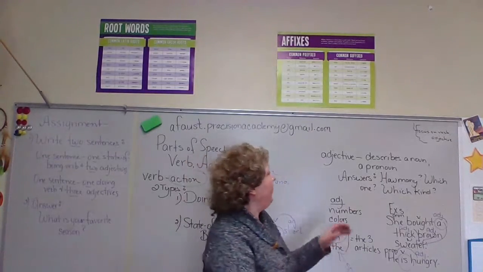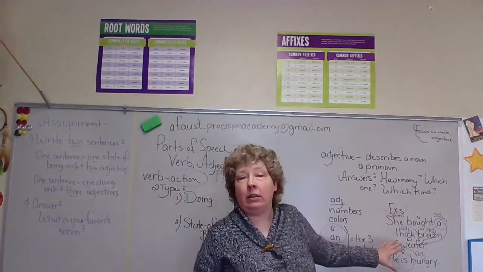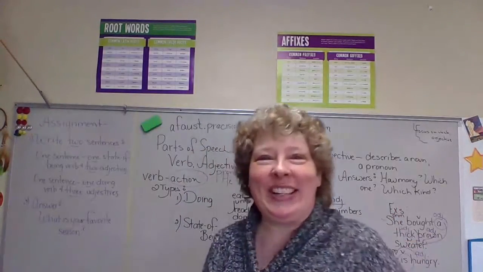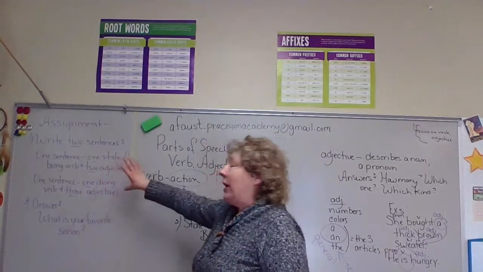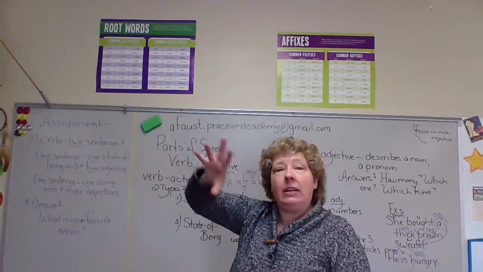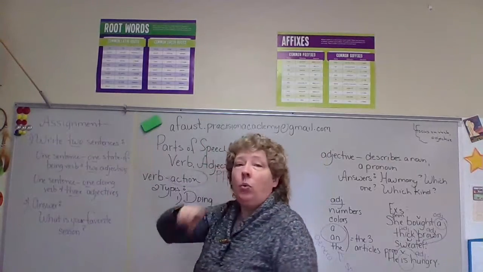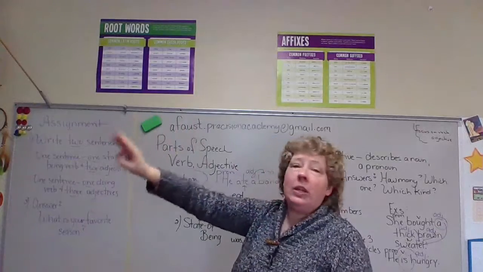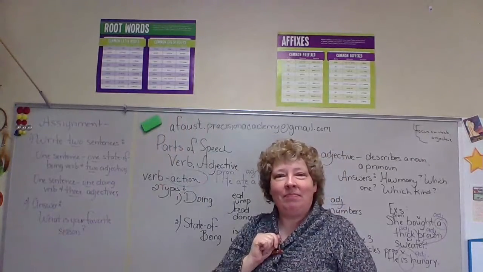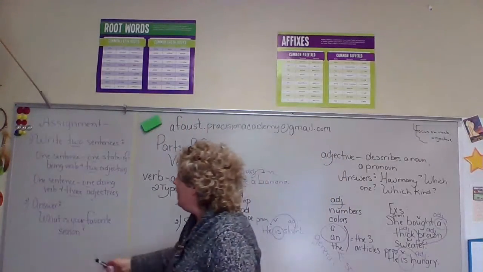Again, feel free to look at my examples right here. But be original. I'm looking for originality. Do you understand what to do here? 2 sentences, that's it. But each has something different. One state of being with 2 adjectives. One doing with 3 adjectives.